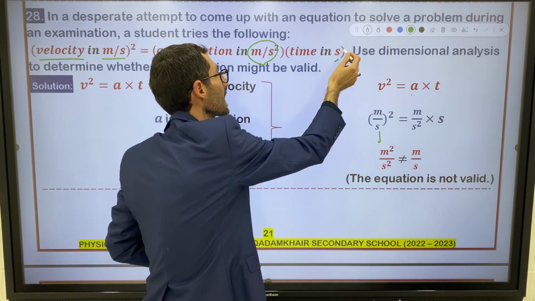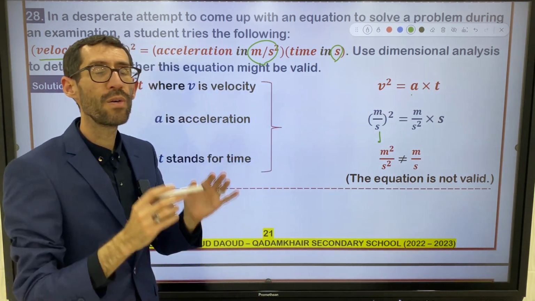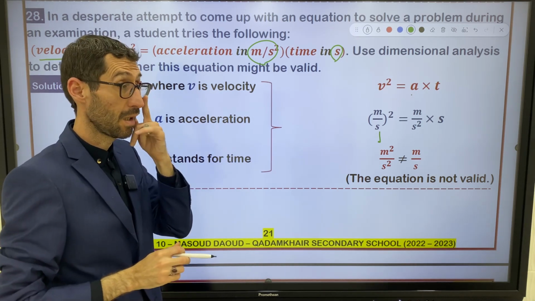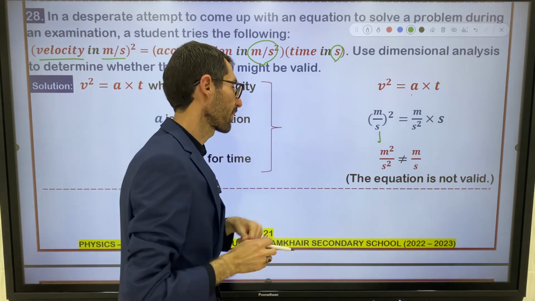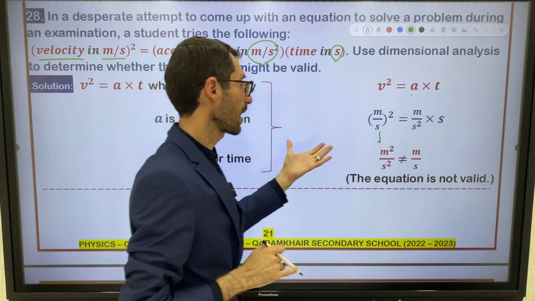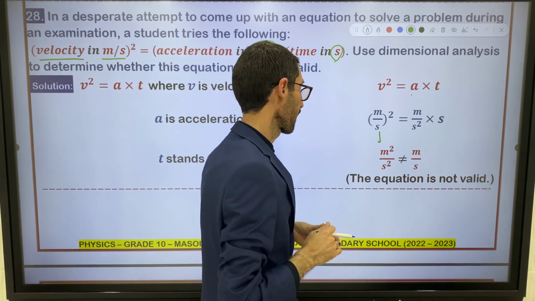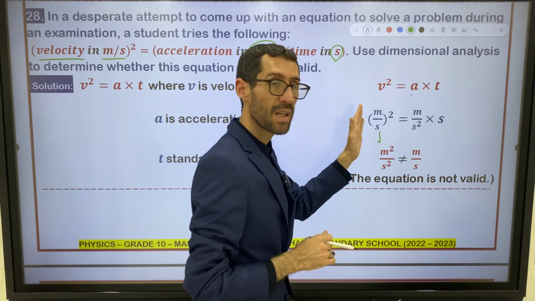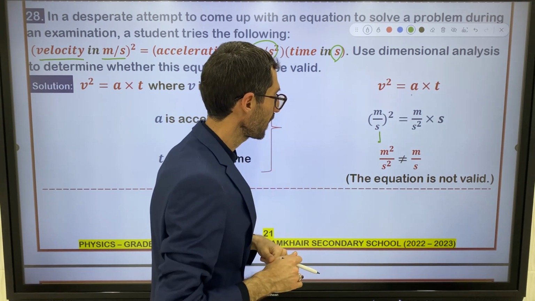The unit of time is second. So all of this information is available to solve the equation and check its validity. The left part becomes meter squared per second squared.